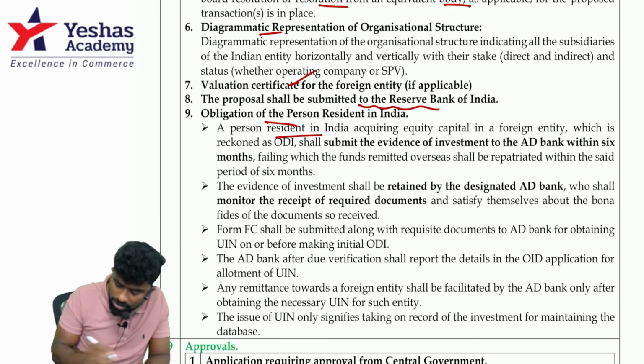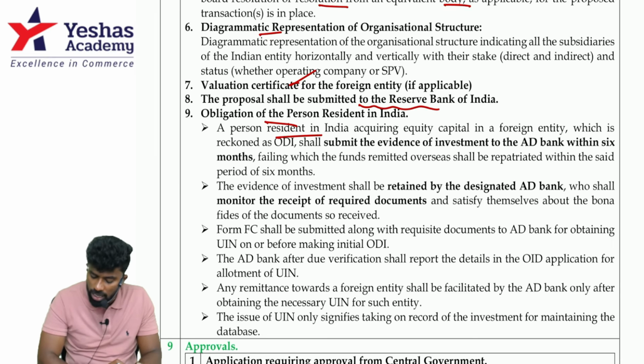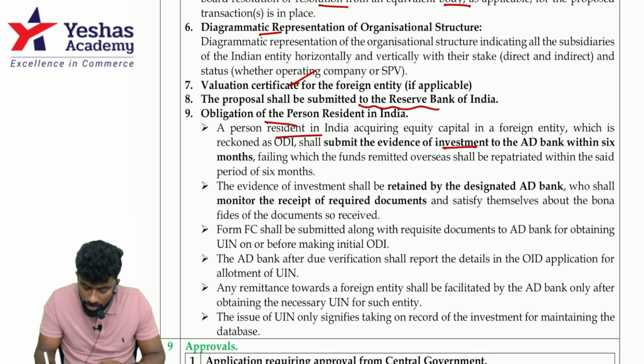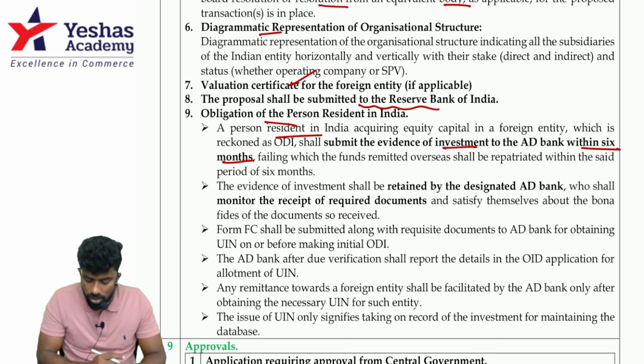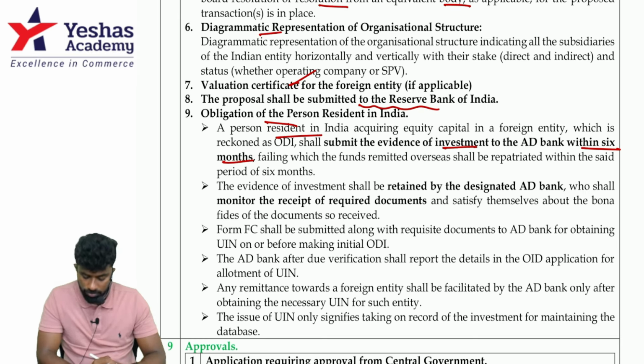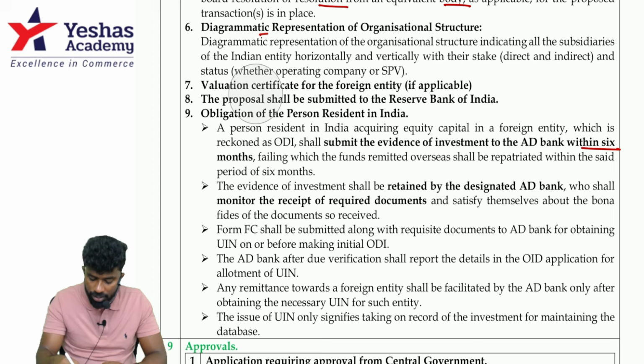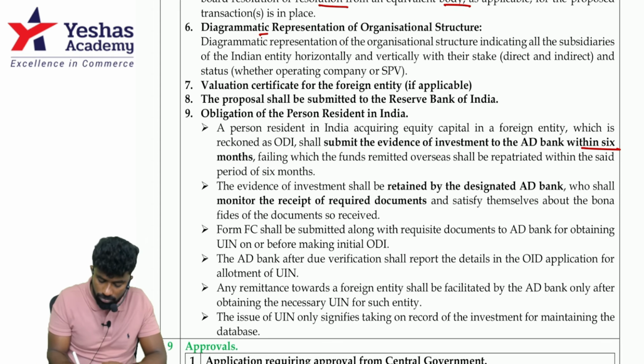A person resident in India acquiring equity capital in the foreign entity shall submit evidence of investment. Evidence of what? Within how many months of investment? 6 months. Failing which, the funds remitted overseas shall be repatriated within how many months?